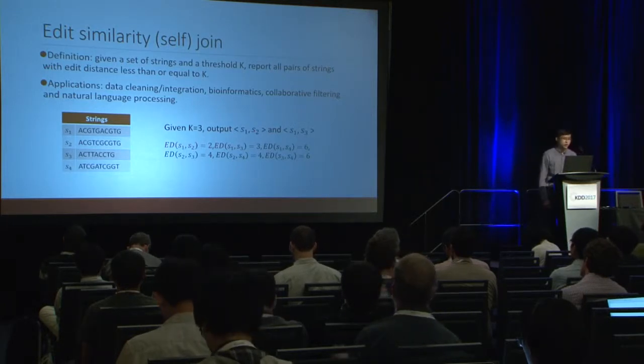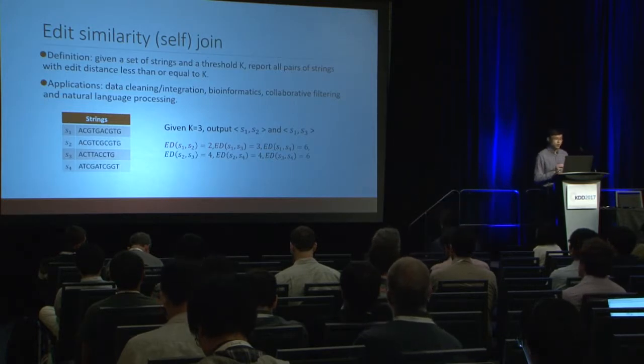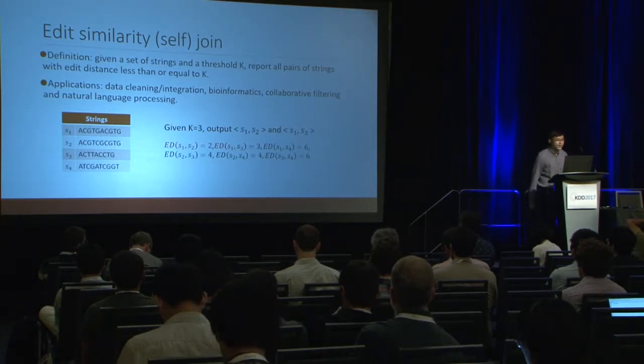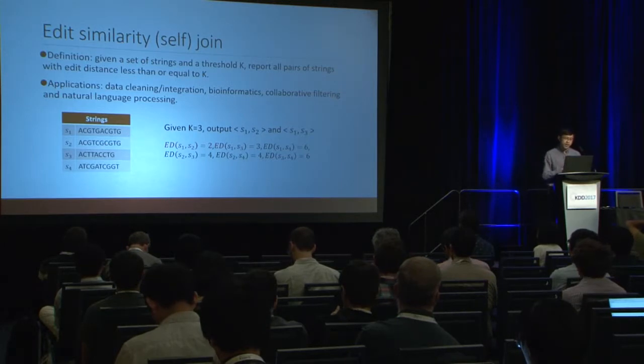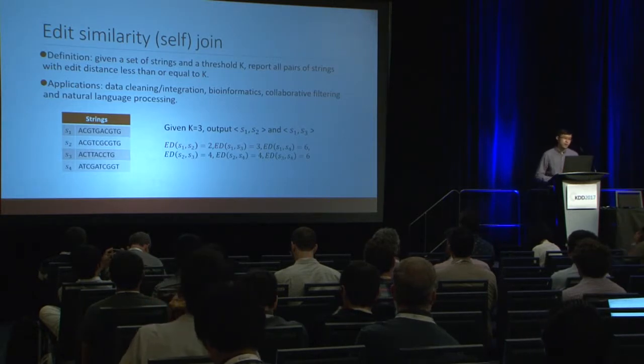Given a threshold 3, we need to report S1, S2, and S1, S3 because their edit distance is smaller than 3. This problem is really important in the following applications: data cleaning, integration, bioinformatics, collaborative filtering, and natural language processing. And the edit similarity join has been identified as a primitive operator in database systems.